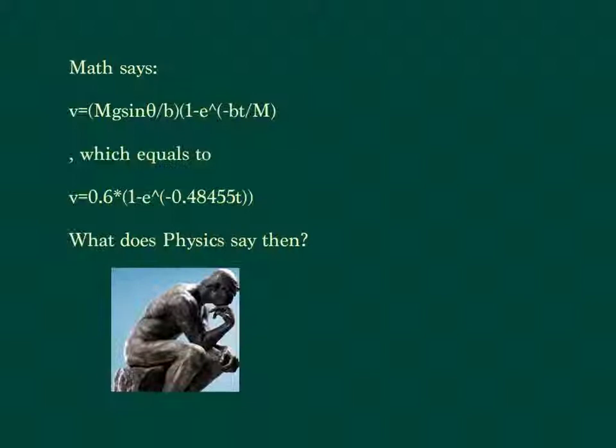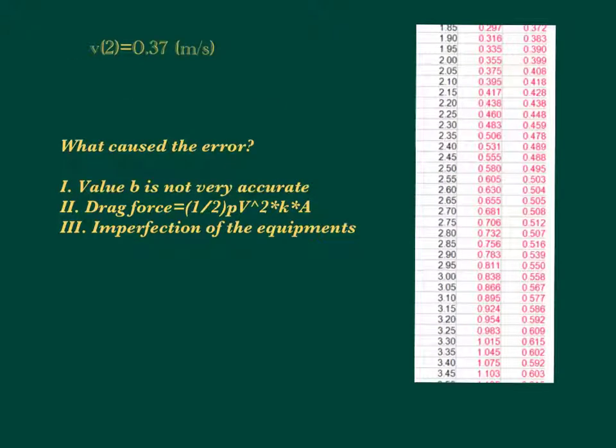So, is this mathematical function accurate or not? We derived this function by using a first order differential equation. However, is this really accurate? So, what does physics say about this experiment? By using the motion detector, the computer is able to accurately provide us the information about the velocity graph.